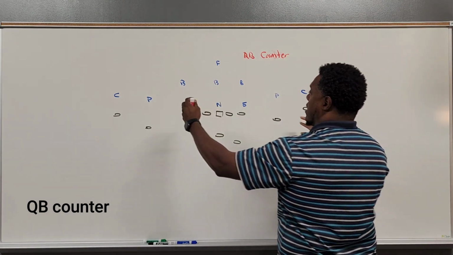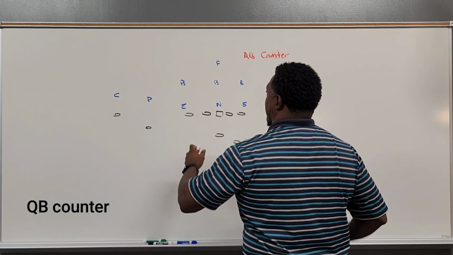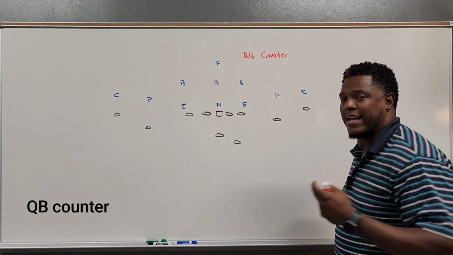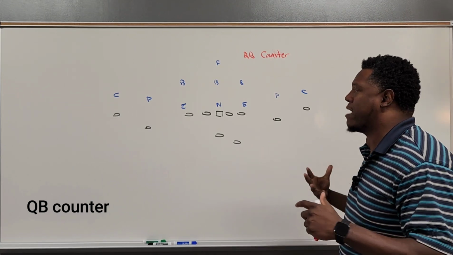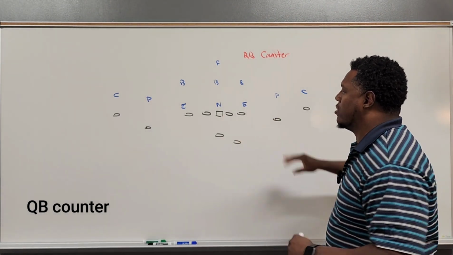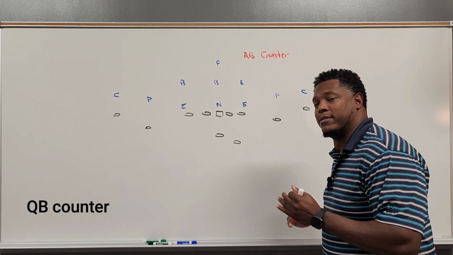If you want, you can have a large or a heavy set and still run it. The quarterback counter is flexible enough that you can run it almost any type of way and get what you're looking for with a downhill play with some gap scheme attached to it.